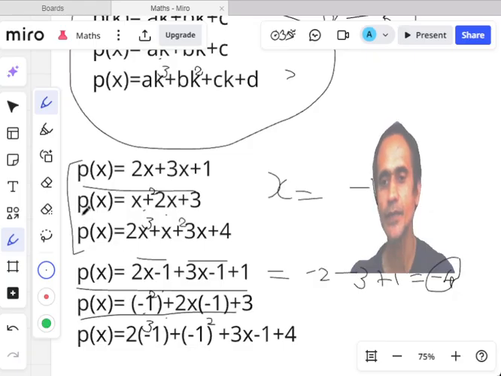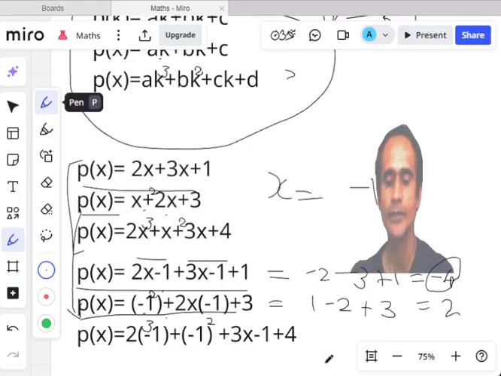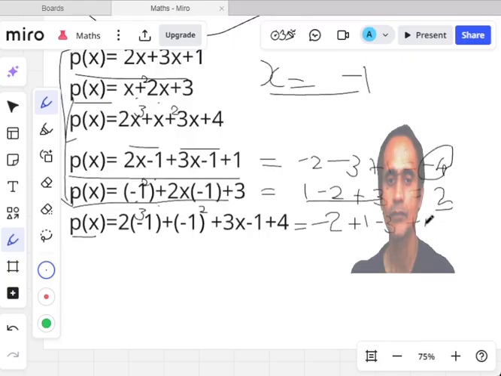The value of this equation at x equal to minus 1 will be 2, and the value of this polynomial at x equal to minus 1 will be 0.